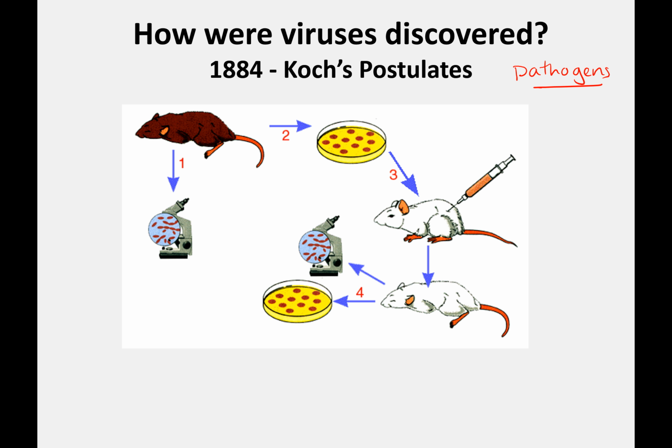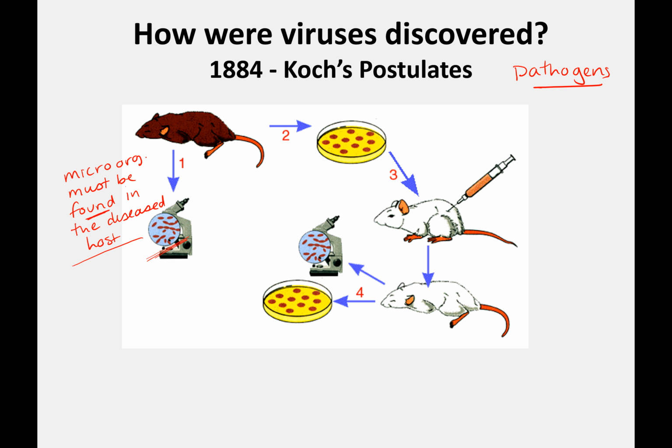So the first step is the microorganism must be found in the diseased host. And you must be able to see it. So that's what found means, is they were using a microscope.